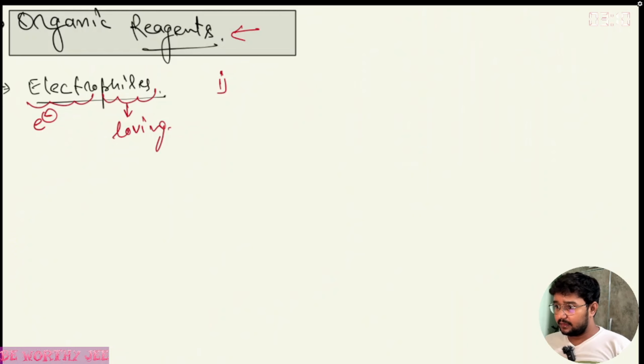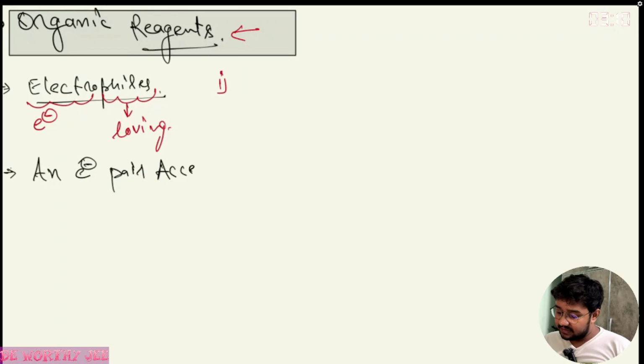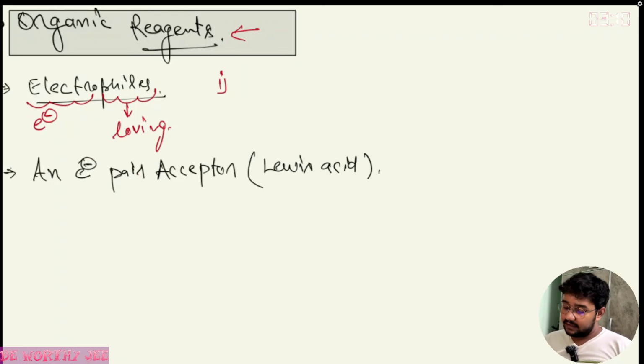Then electrophiles. Yes, we are discussing the electrophiles. Electrophiles are the reagents that are electron loving. So what can be said about this? An electron pair acceptor is an electrophile. These can also be called Lewis acids. If you studied general organic chemistry, you know the Lewis acid and the different types of acids.